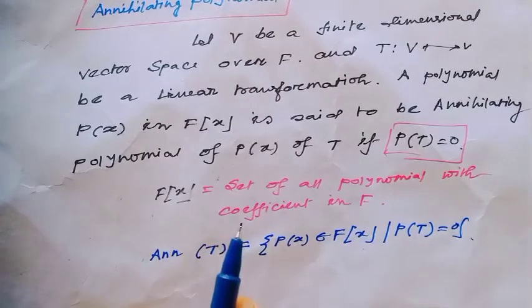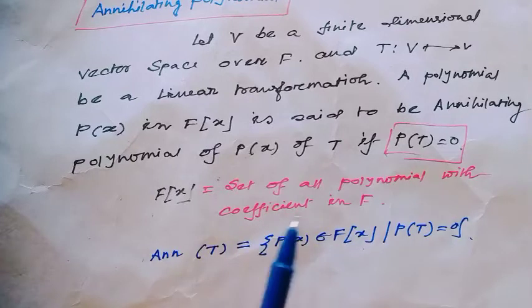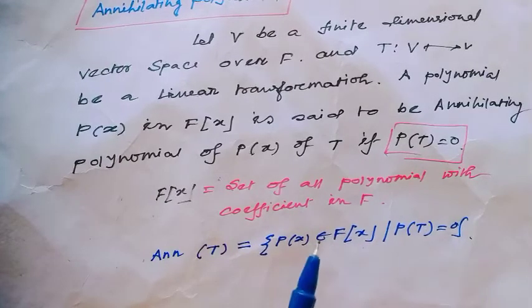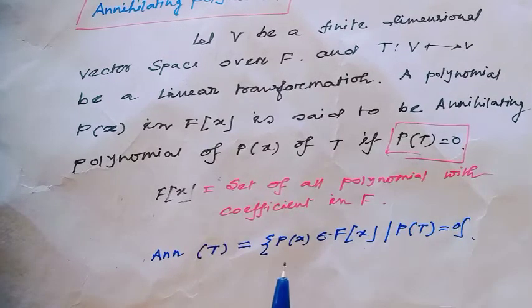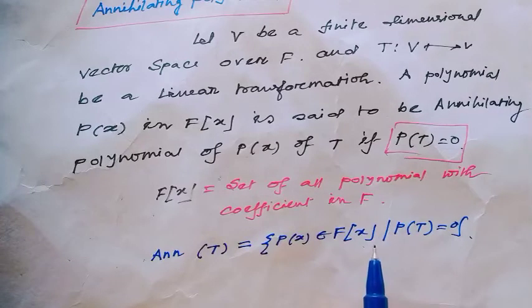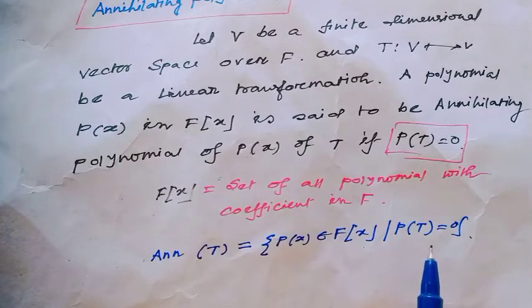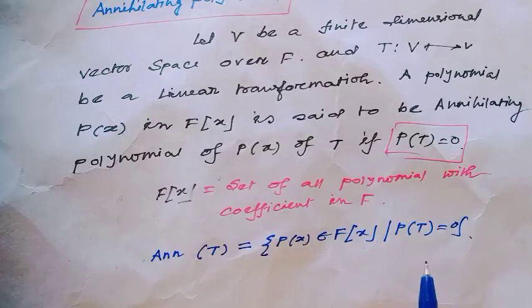As for example, consider F[x] equal to the set of all polynomials with coefficients in the field F. Then annihilating polynomials means the set of those polynomials in F[x] such that p with this operator would be 0. This I had seen in my previous video.